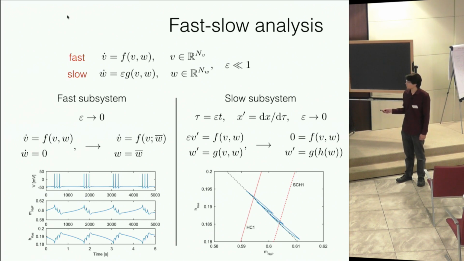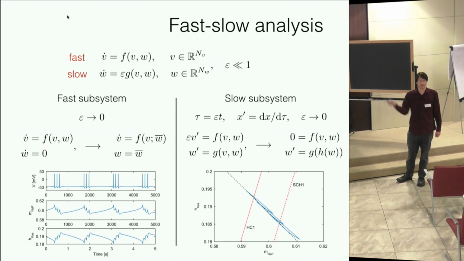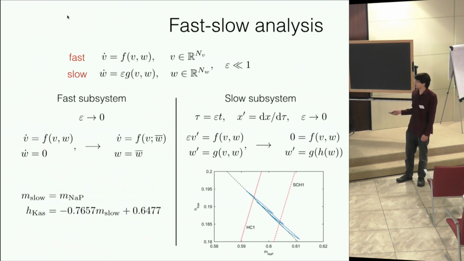It turns out that there are two variables that correspond to a slow system, namely the activation of the persistent sodium and the inactivation of one of our potassium currents. And quite happily, they sit effectively along a straight line. So we said, let's just pretend that this really is a straight line and simplify our model so that it looks like this.